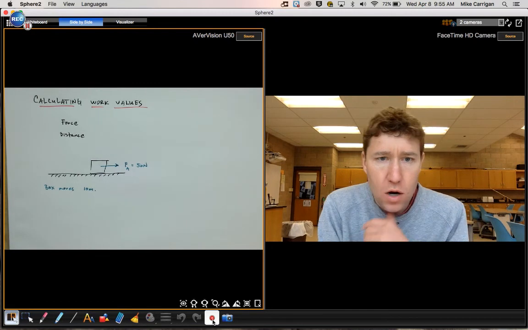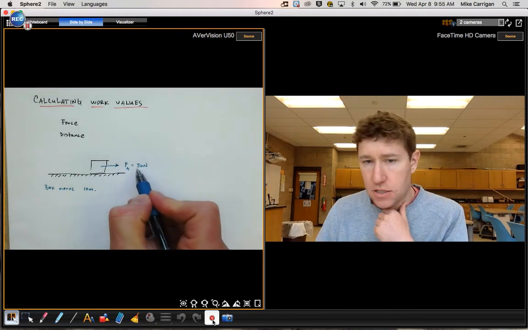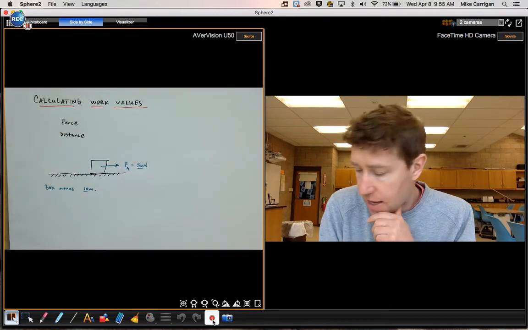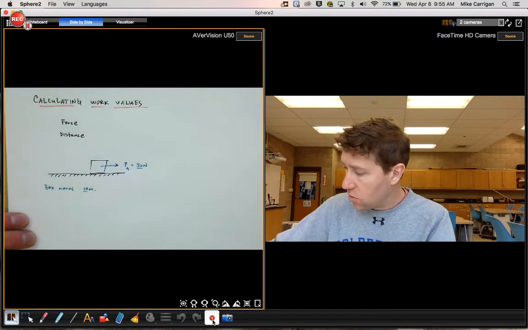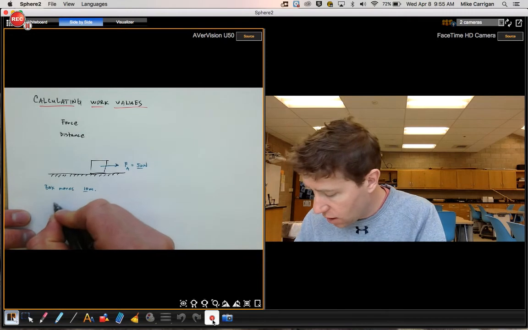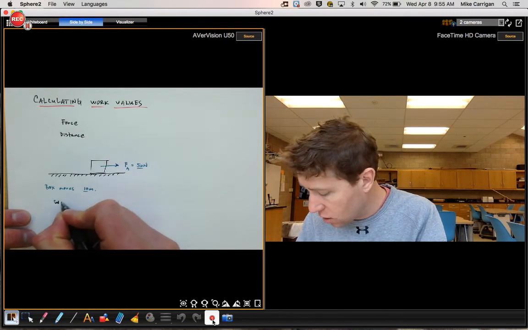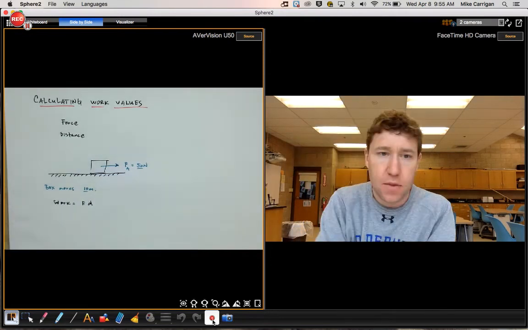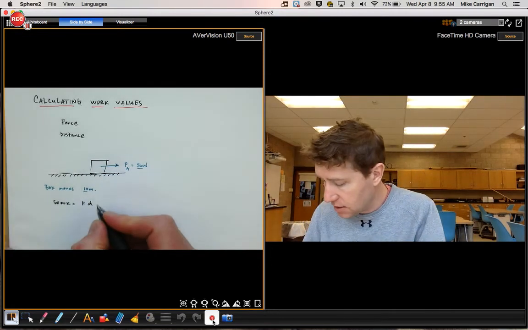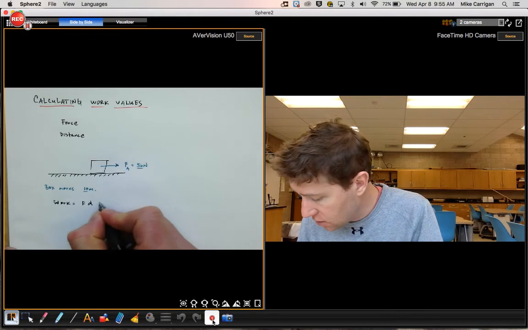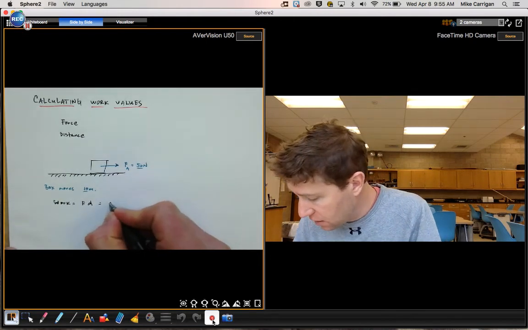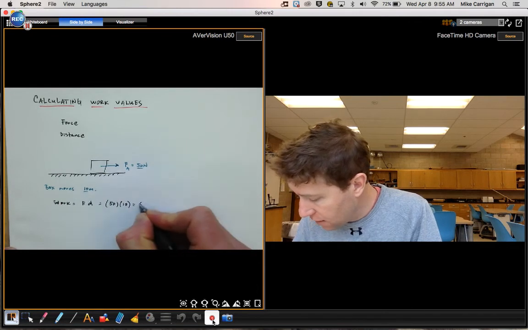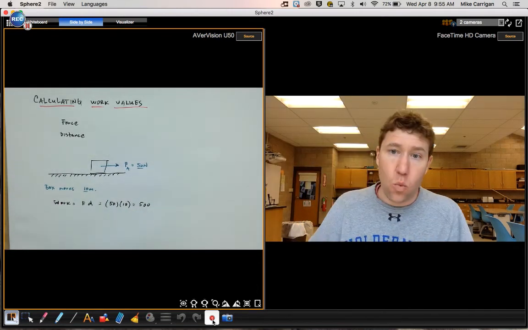Well, then the work that I do somehow relates to the amount of force and somehow relates to the distance. And for our purposes right now, our provisional definition of work, I'm just going to say the work done is equal to the force times the distance, F times D. So in this case, the work that is done on the crate here would be 50 times 10, which is equal to 500. 500 what, you ask?